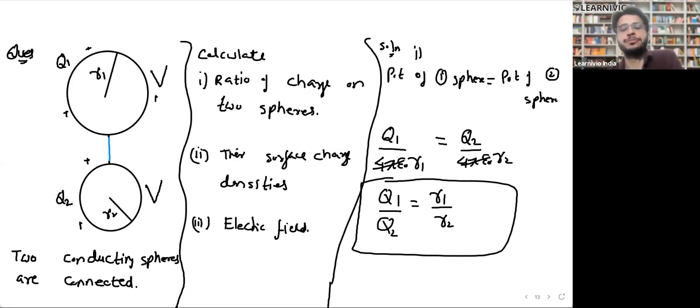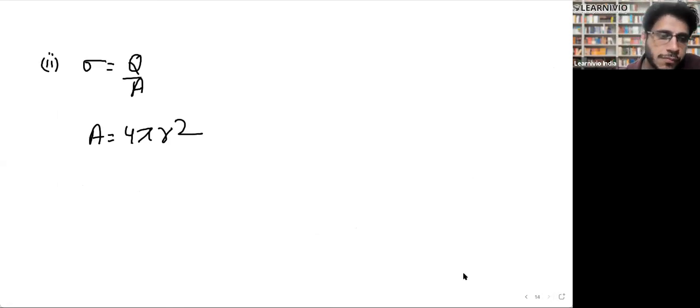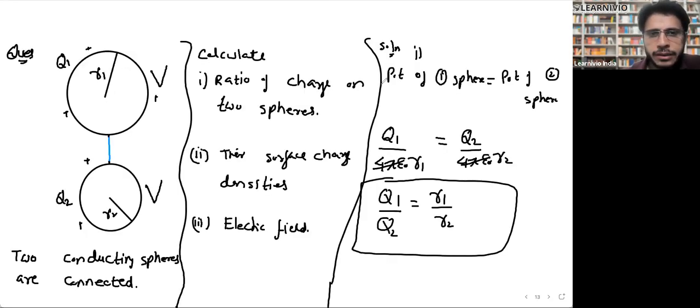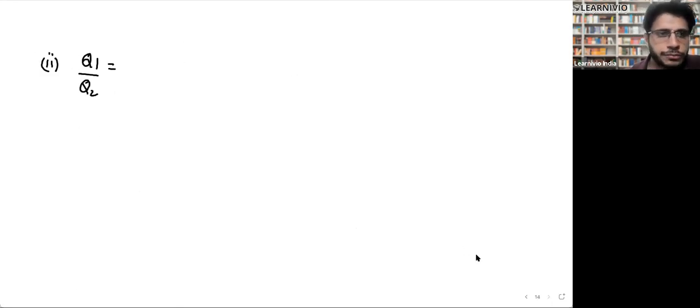Okay, I'm solving it. The ratio of Q1 and Q2 that I get is R1 by R2. No, Ahmed, I need sigma 1. Sigma 1 is Q1 by its area.